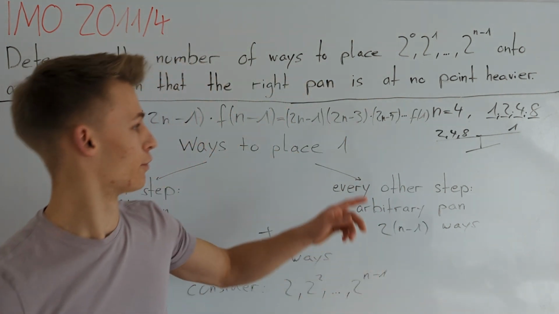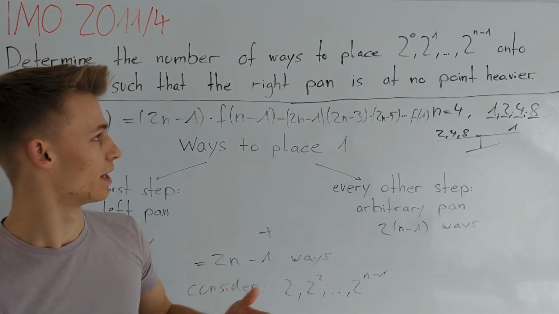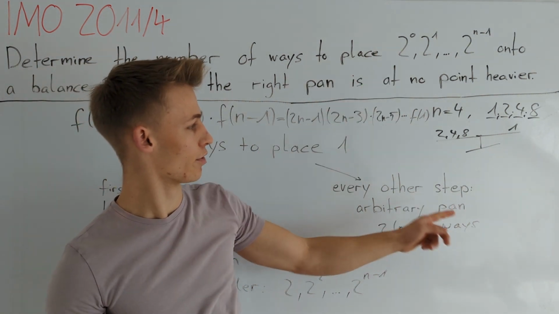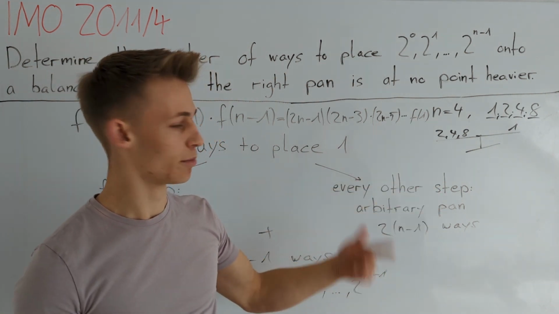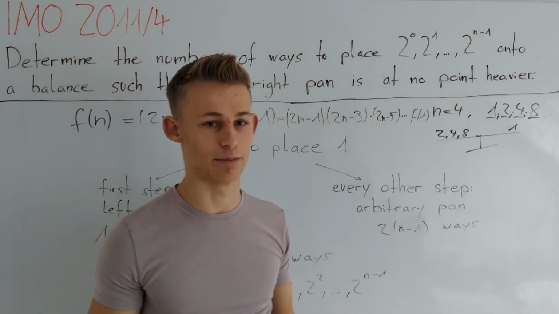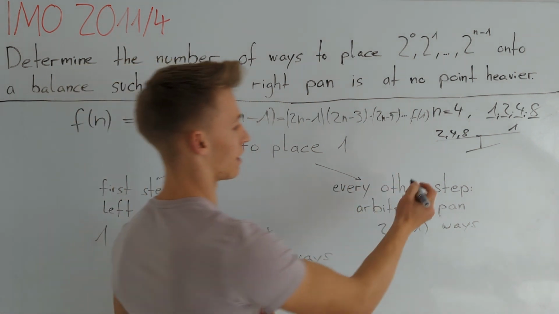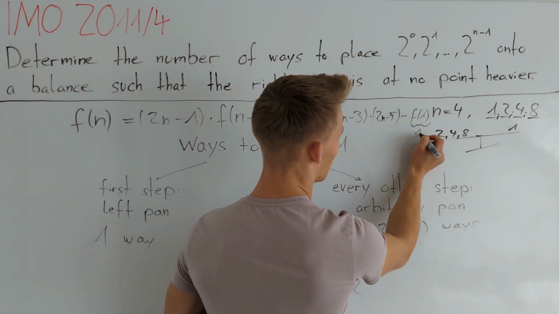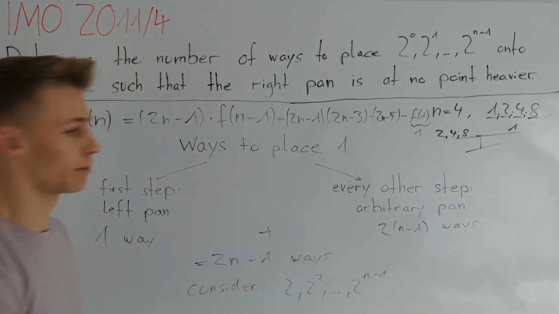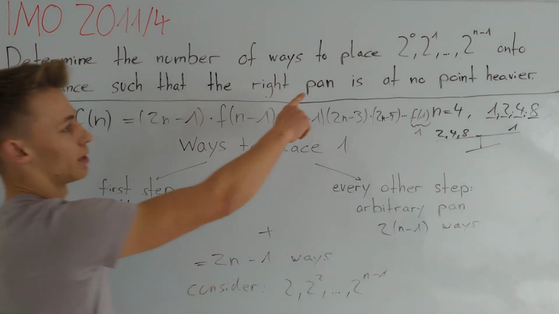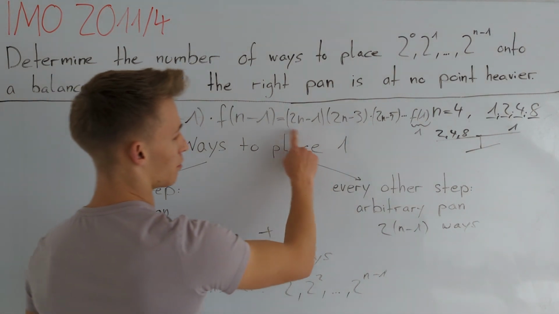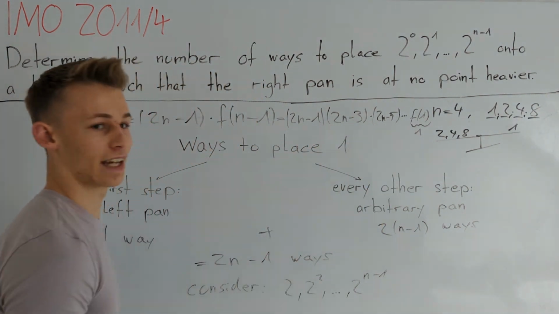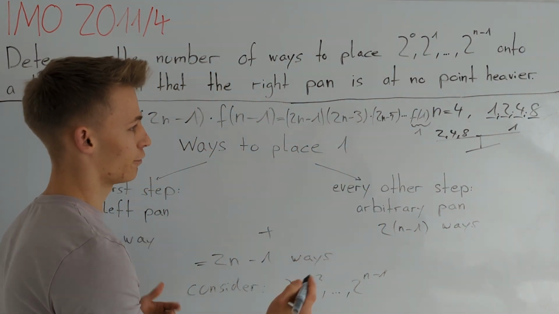But now f of 1 is nothing but the ways to place only the weight 2 to the power of 0 onto the pan, and here we must place it on the left hand side because the right hand side can't be heavier. Therefore, this is nothing but 1, and therefore we end up with the solution that the number of ways to place these weights, which is f of n, is equal to the product of the first n odd numbers. And therefore we are done.